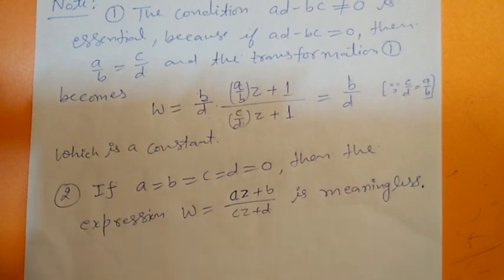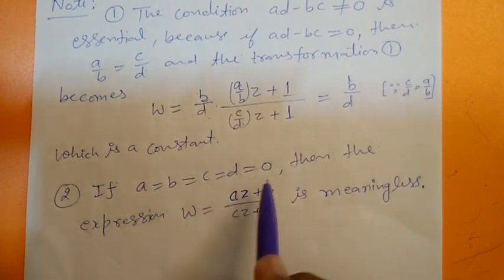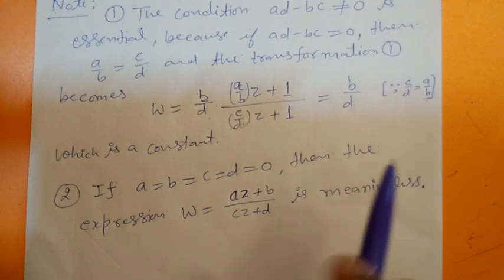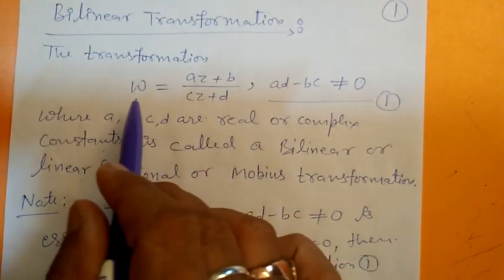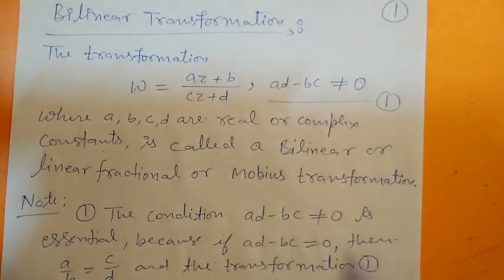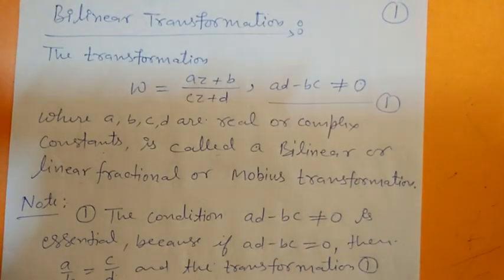Second point, if a = b = c = d = 0, in that case the transformation 1 is meaningless, because when we put a, b, c, d equal to 0, w is equal to 0, so there is no meaning of this transformation.